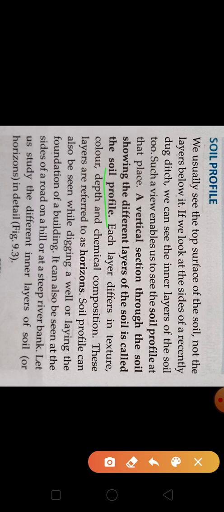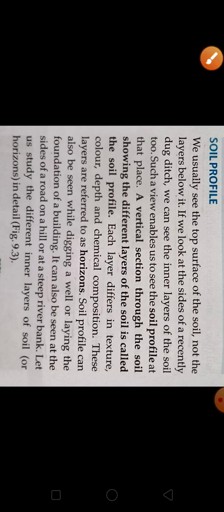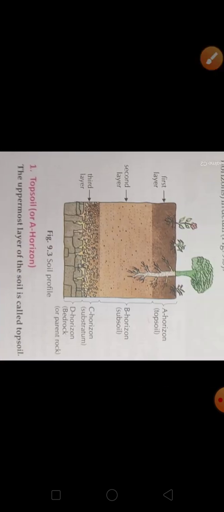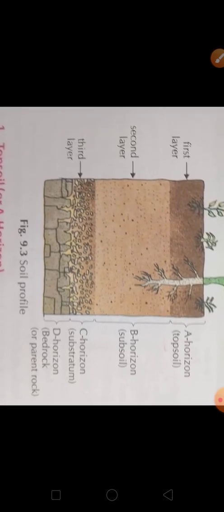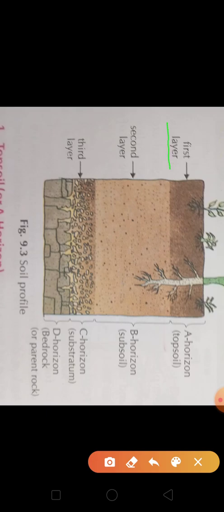Children, first of all, I am showing a picture in front of you in which you can see the different layers of the soil. Then we'll discuss. See, in this you can see the first layer of the soil, then the second layer, then the third layer, and the last one, the fourth.